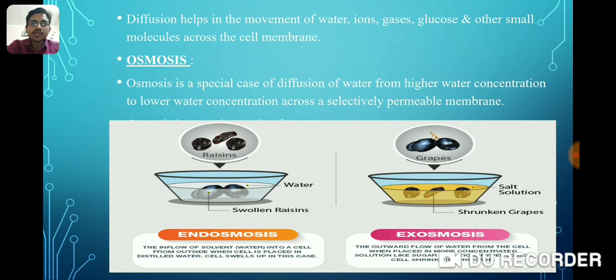This process in which the water molecules move into the cell is called endoosmosis. If the soaked raisins are then placed in salt solution or sugar solution, then the water molecules will move out from the cells, and this process is called exoosmosis.